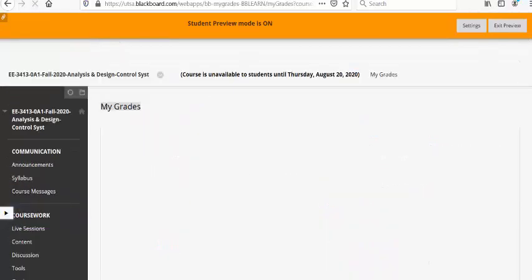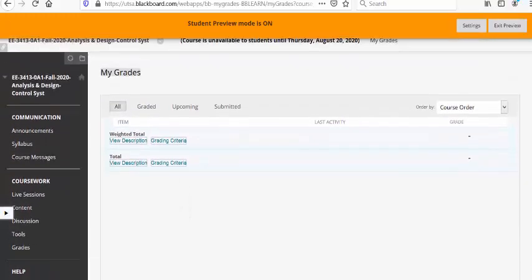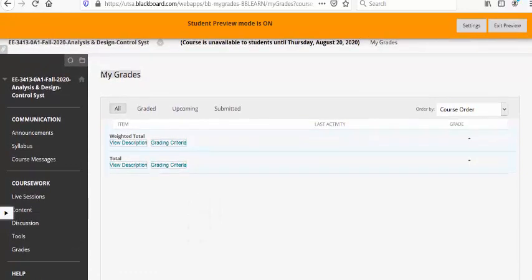The last one is grades. You will see your grades here. If you don't want to miss anything important about your grades, check this once the homework assignment has been assigned. After you finish your homework, you will probably see your grade in a few days, at most a week.